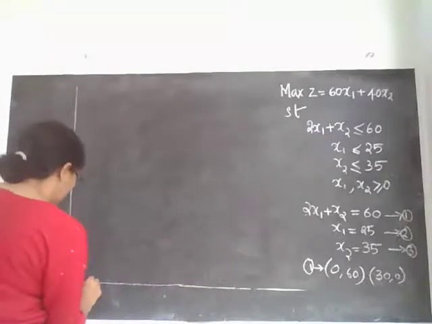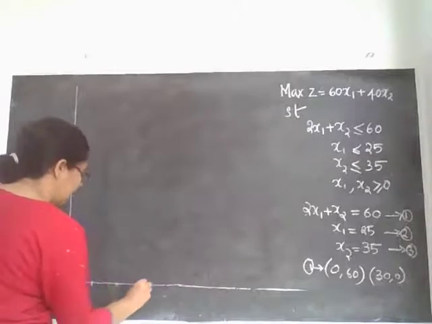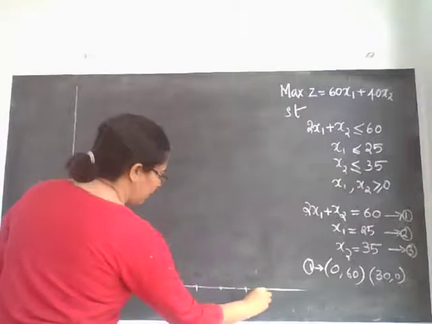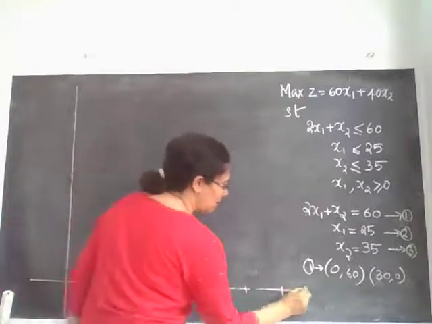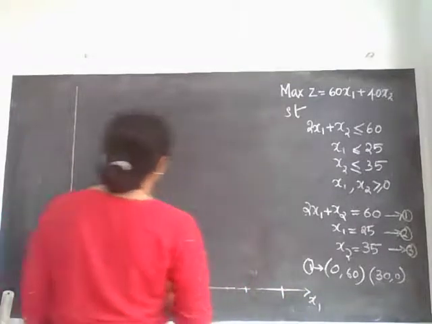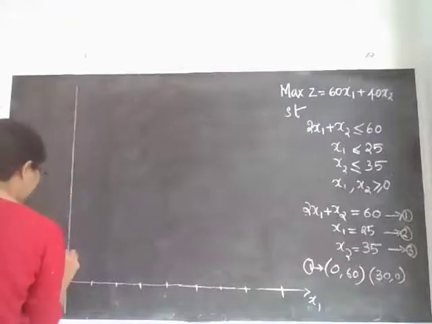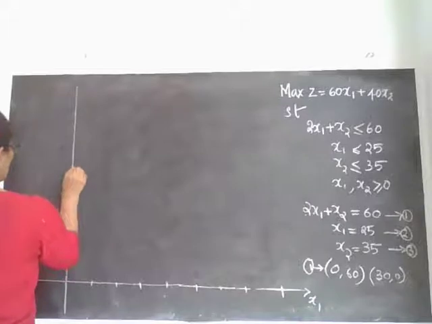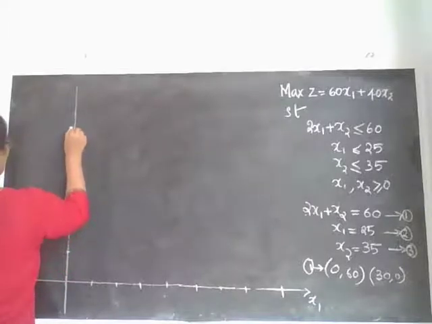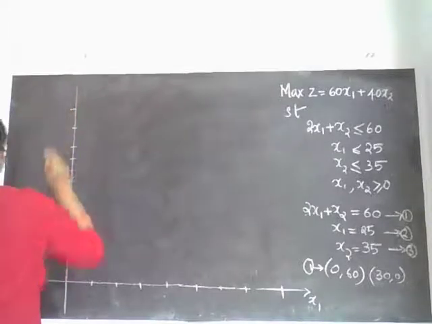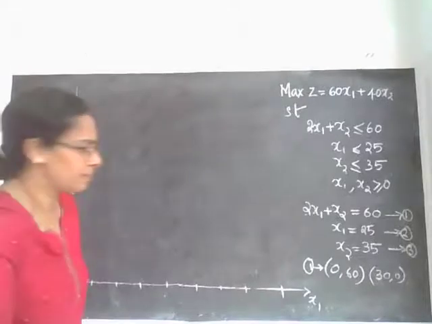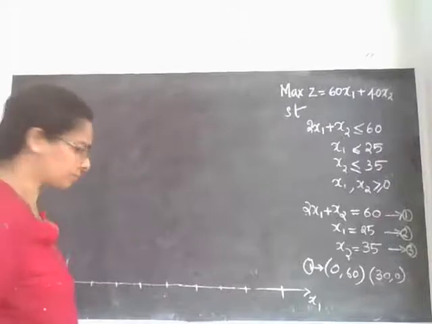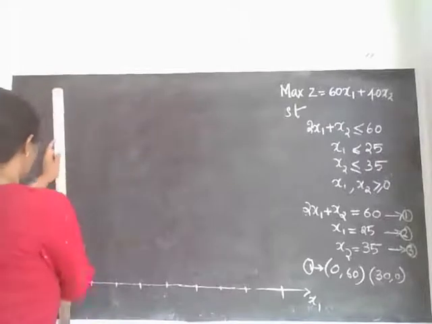We need 5, 10, 15, 20, 25, 30, 35, 40. I have to make it smaller. We need up to 60.